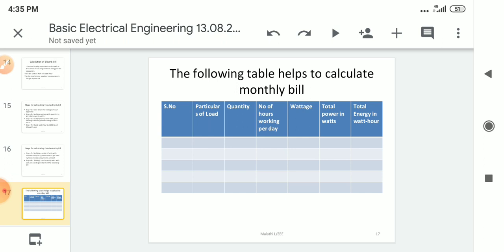Quantity, how many of that we have to write. Next, number of hours working per day. After that, wattage, total power in wattage, total energy in watt hour. This is the table.